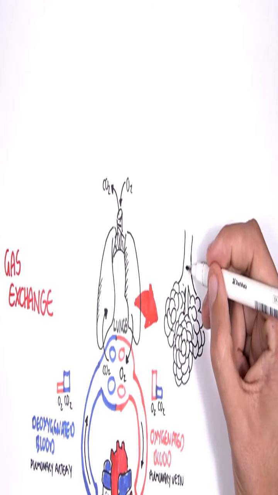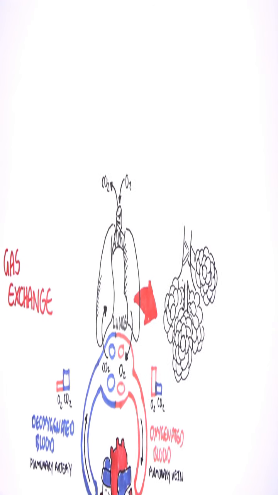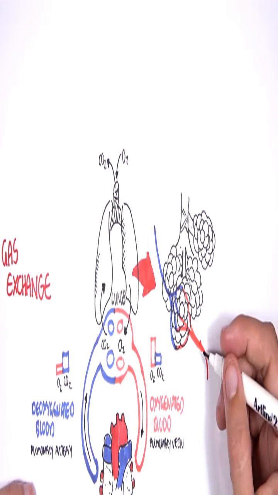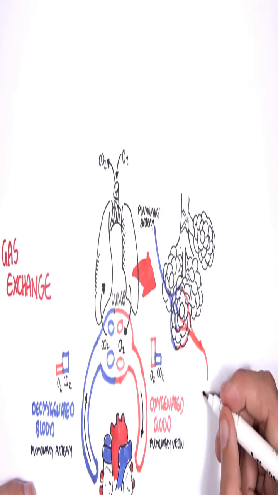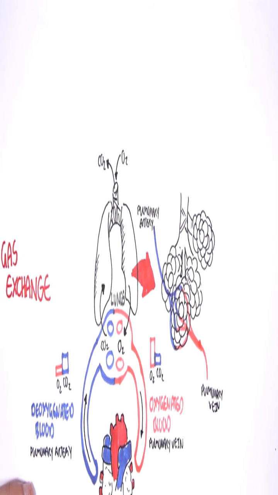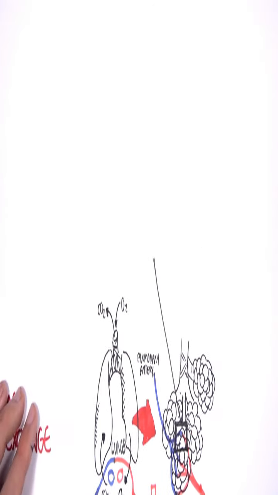This cluster of alveoli have blood supply, essentially the pulmonary artery coming in and then the pulmonary vein leaving. So let us zoom into this area here where gas exchange takes place within the alveoli.